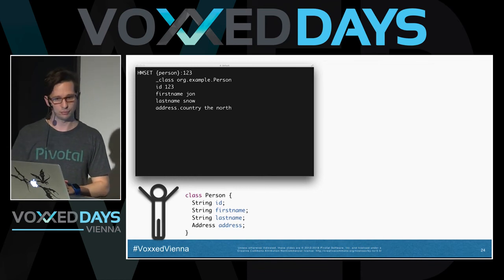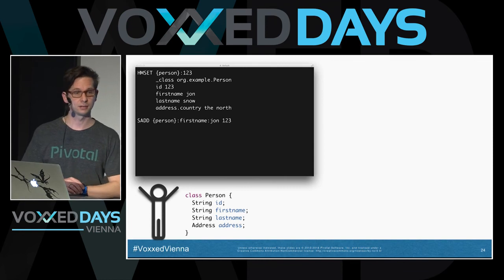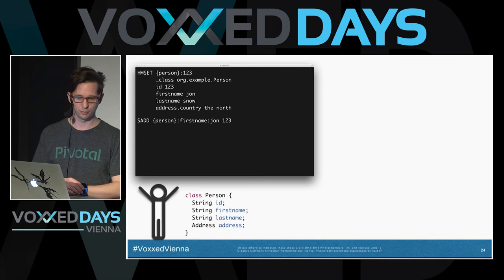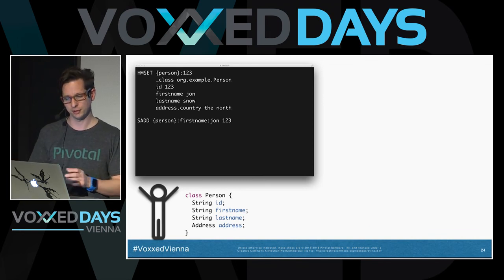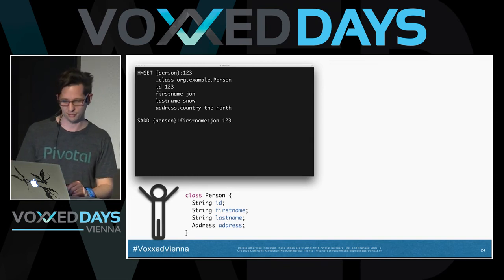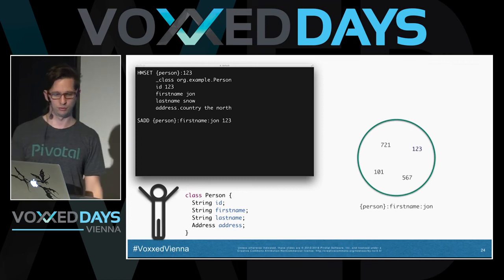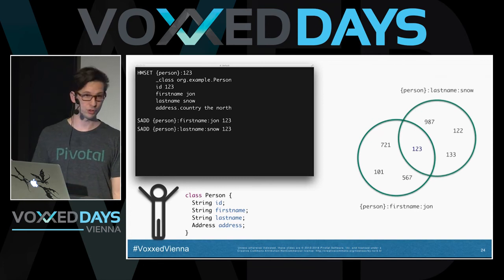So let's take the example from before, and what we now do is use a set to create those indexes. We would have a set with the key first name John, which would take all persons whose first name is John, and we put in the ID of the entity we just saved, which would look something like this. So we put 1, 2, 3 into the first set. Now we would index the last name the same way, all people that are named Snow.